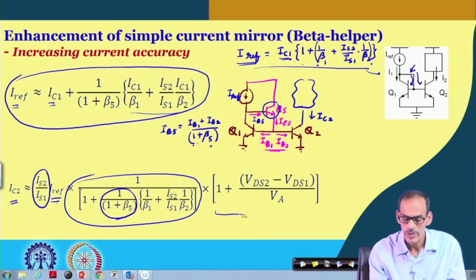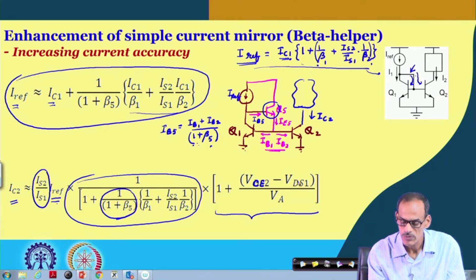And this part, however, remains as is. Once again, sorry, this would be VCE2 minus VCE1.